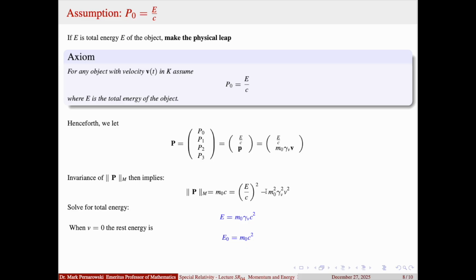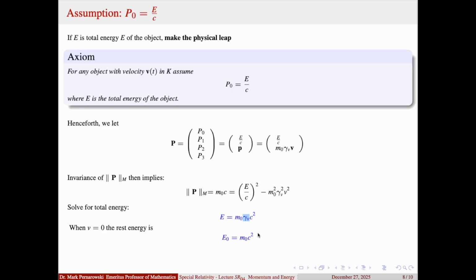Well, what I'm going to do is solve that equation for E. And if you solve this for E, you get an expression for the total energy, which has got this factor gamma in it. And when the velocity is at rest, gamma is 1, so you get E naught is equal to m naught c squared.